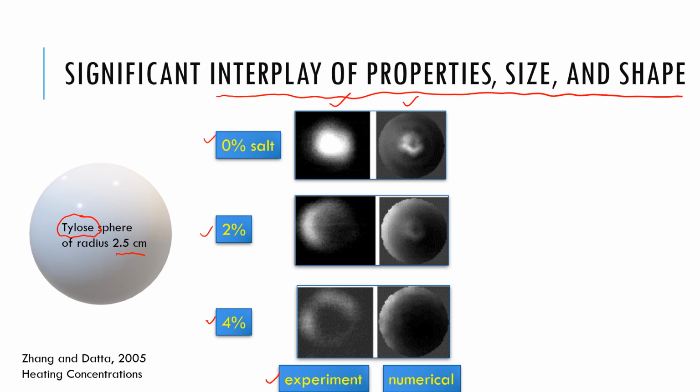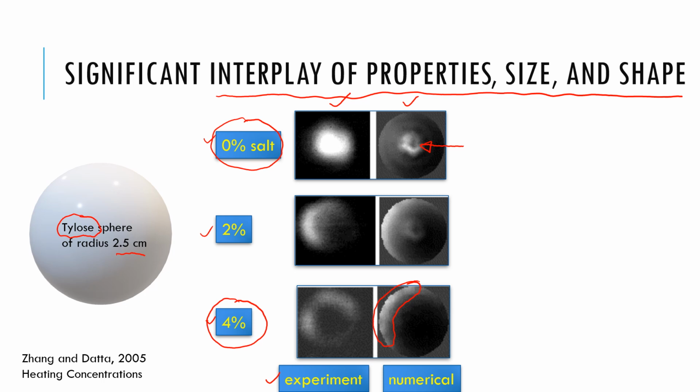What do we observe? For the higher salt concentration, this one, it is more lossy. So the heating is more near the surface, like here, because it's very lossy. At the other extreme of 0% salt, it is much less lossy, and so energy can penetrate further in and produce this kind of focusing or enhanced heating effect closer to the center.